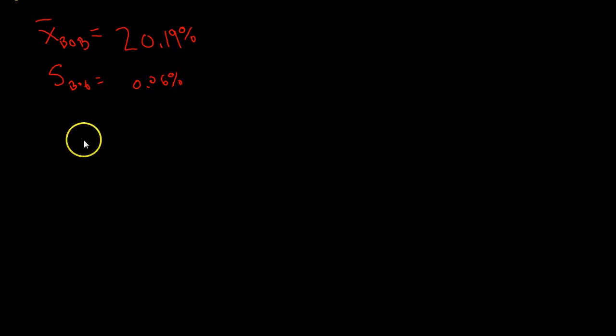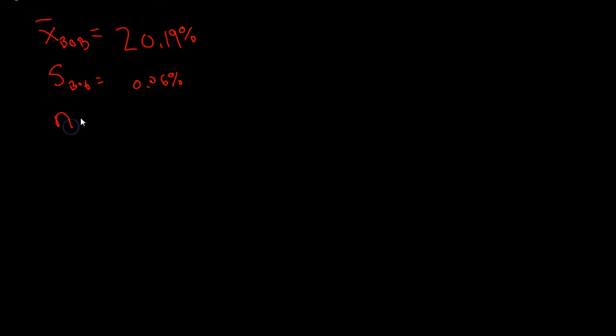So if we're thinking about summary statistics, the mean of Bob's values, what you get from this table, is 20.19%, and the standard deviation from Bob's measurements is 0.06%.